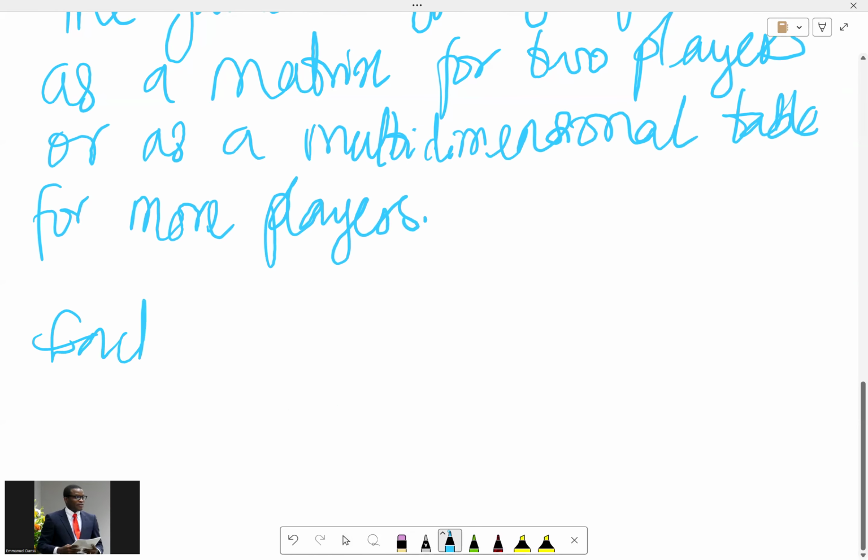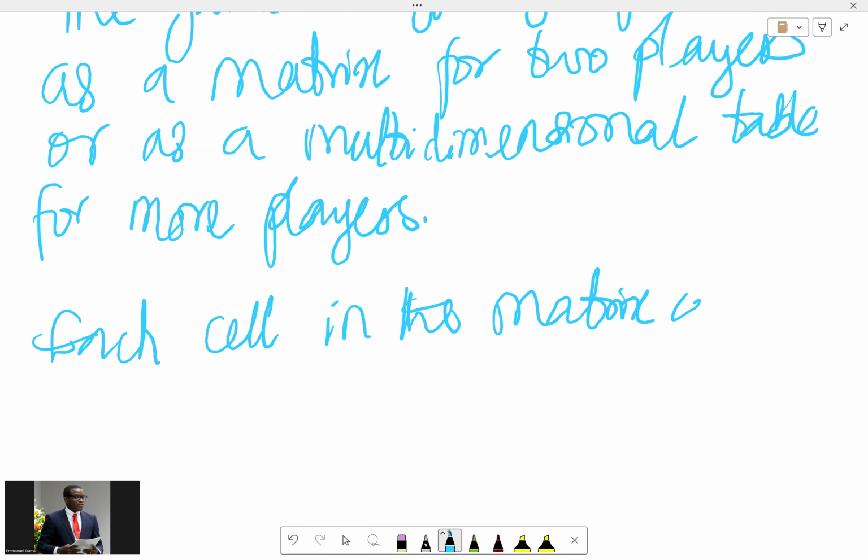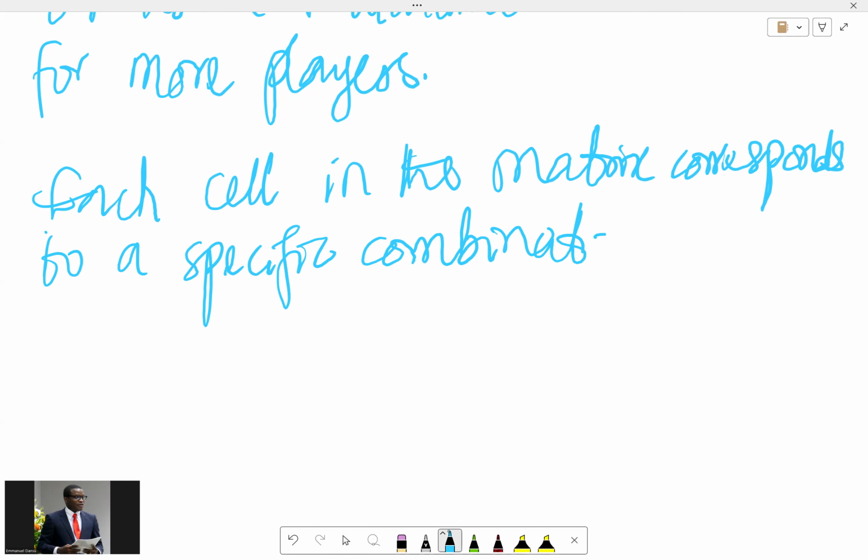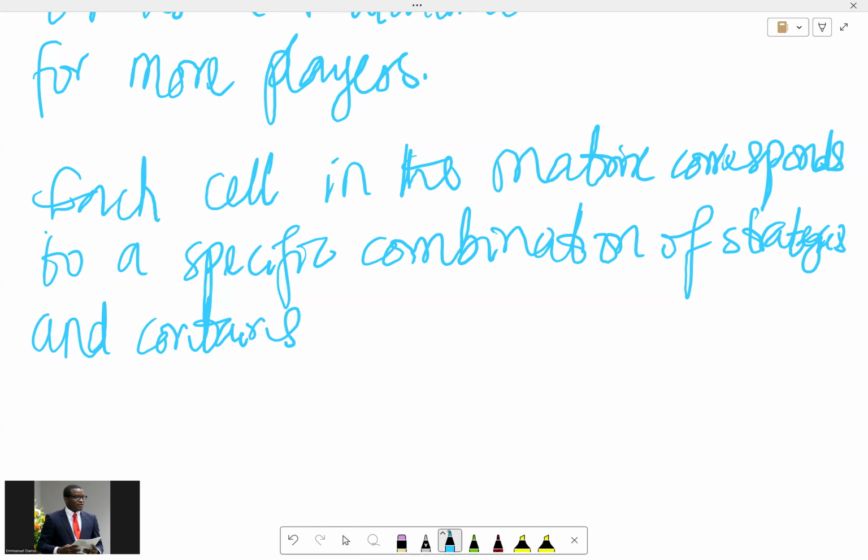Each cell in the matrix corresponds to a specific combination of strategies and contains the payoffs for each player.